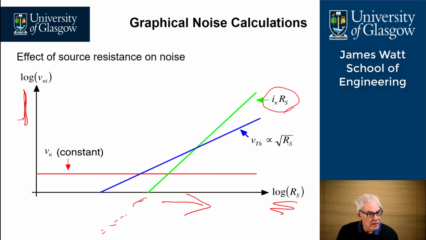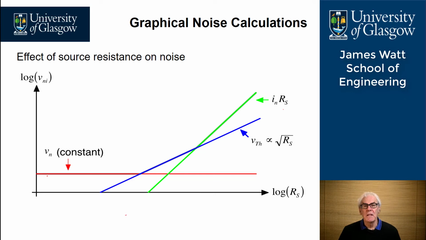We can also add our Vthevenin, and this Vthevenin voltage is purely dependent on the source resistance. We know from our earlier calculations that noise voltage is proportional to the square root of source resistance. So we have one line which is dependent on the resistance, and a second line which is dependent on the square root of resistance.